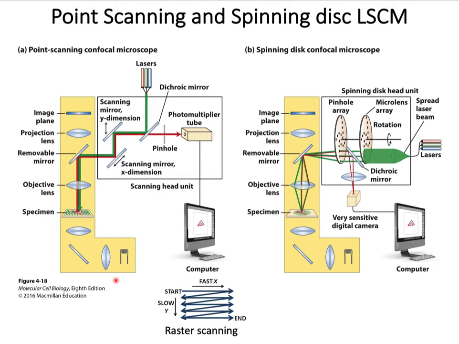In the point scanning confocal microscope on the left, you can see there are two dichroic mirrors, one for the X dimension and another for the Y dimension. These mirrors rock back and forth to precisely focus the laser to scan your image at a single point.